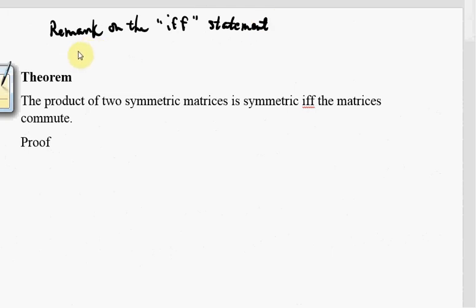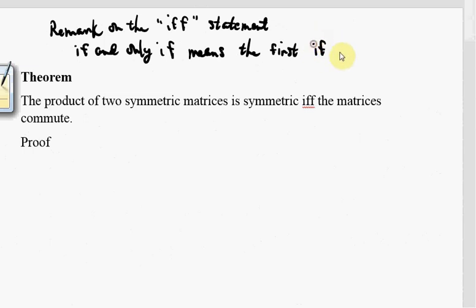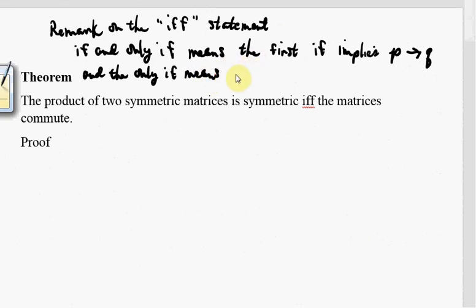So here, if and only if means the first if implies, P implies Q, and the only if means Q implies P.